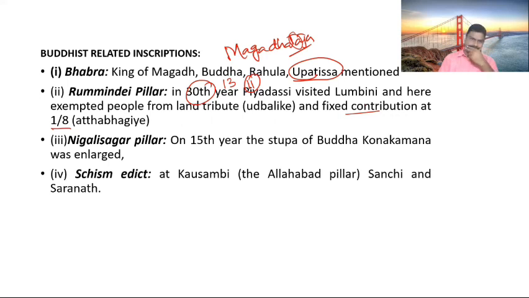Schism edict in Kausambi. There occurred some schism in Buddhism. Schism means a split occurred in Buddhism. According to Buddhism, the split is mentioned at Kausambi, that means in the second Buddhist council, Buddhism divided into two groups, Theravadins and Mahasanghikas, and that was mentioned here.